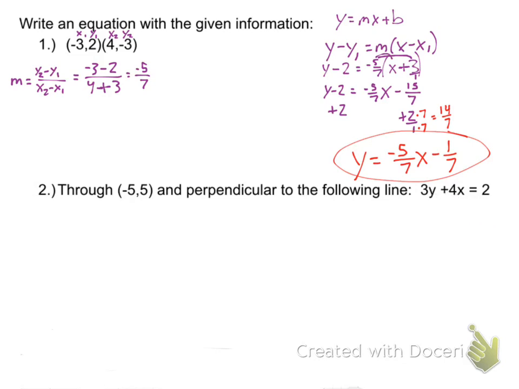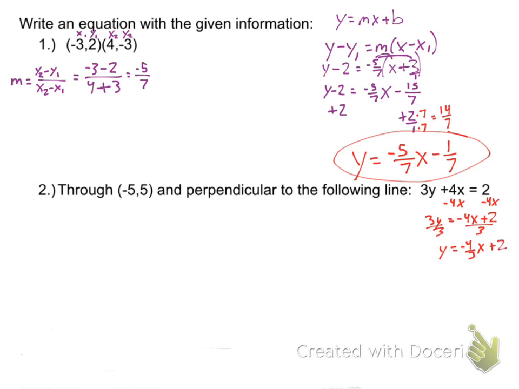I have to change it to a form like this to make that happen. So I've got to solve for y. Subtract 4x. 3y equals negative 4x plus 2. To get y by itself, do what? Divide by 3. So y equals negative 4/3 x plus 2.